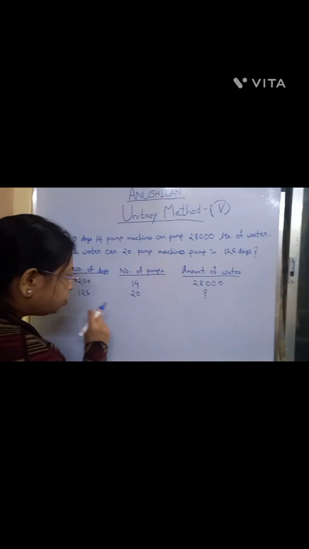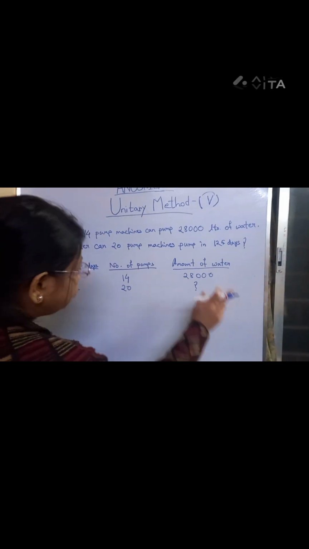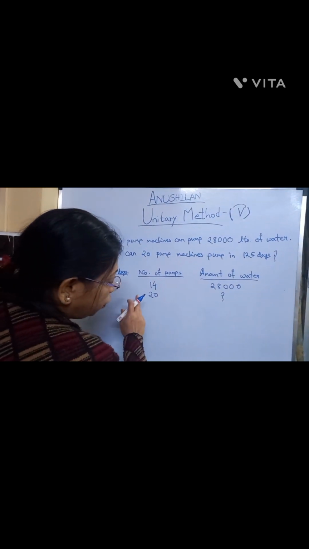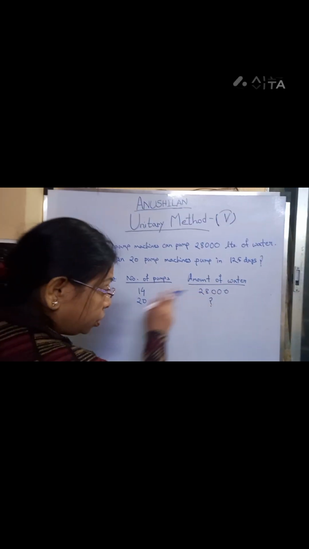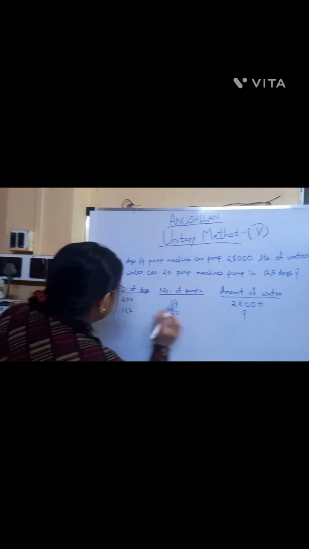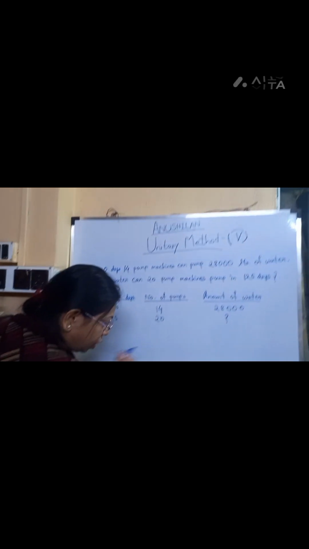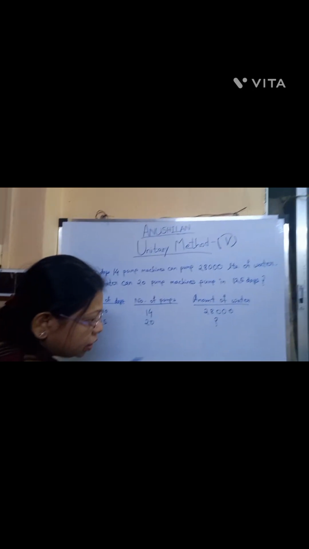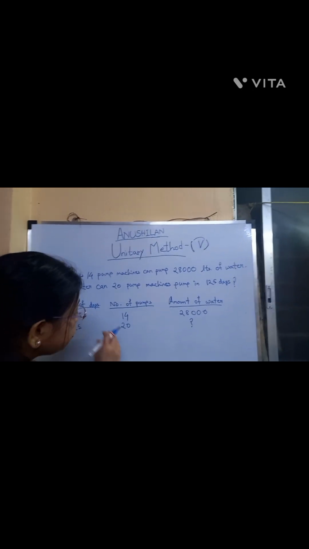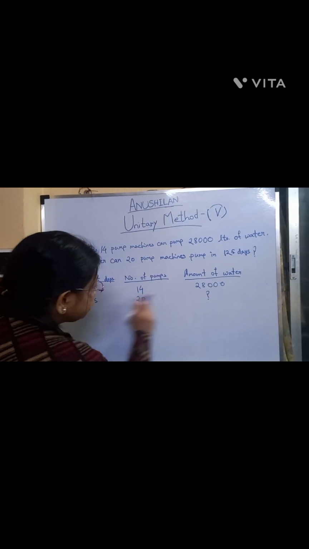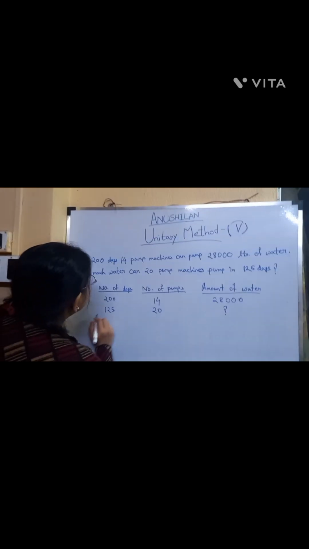So if you are new, try to make the tabular structure. Not for myself, I have done it for you only. When you are an early stage learner, you must do this tabular structure.